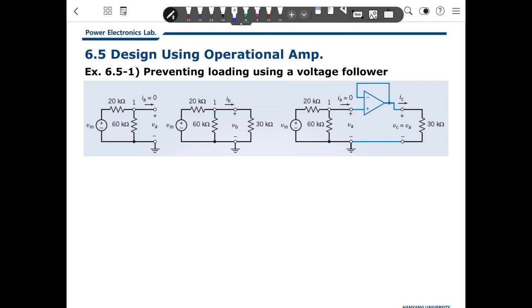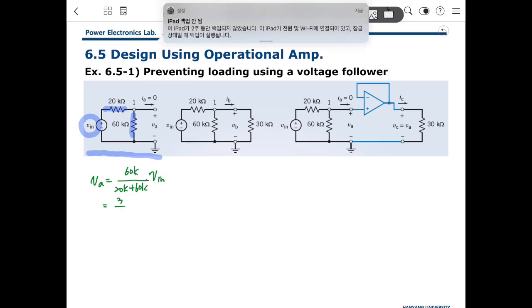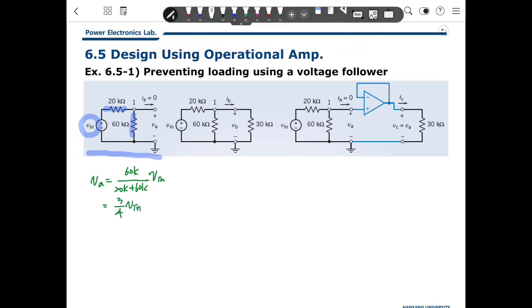We have circuit 1, a voltage divider using V in, with 20 kilo ohms and 60 kilo ohms. So based on this, VA will be 60 kilo over 20 kilo plus 60 kilo times V in, therefore 3/4 V in.